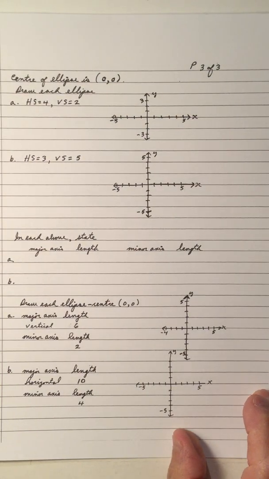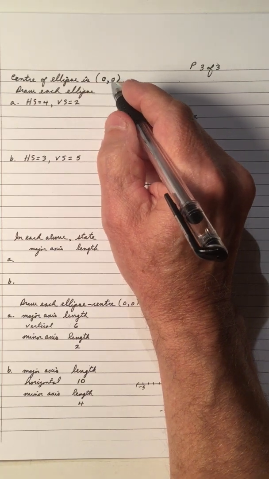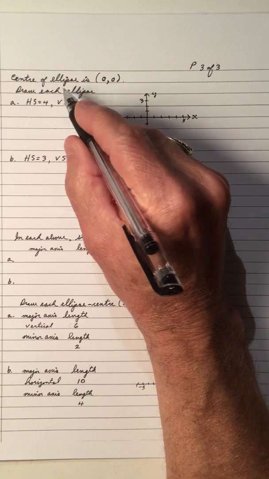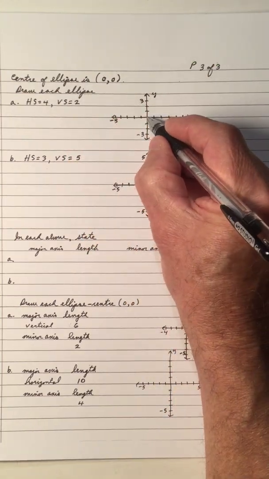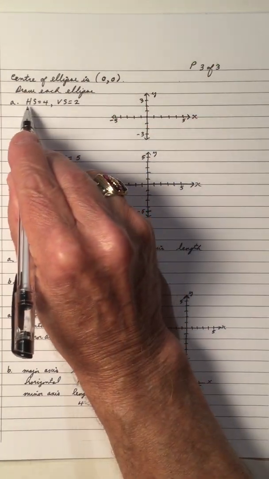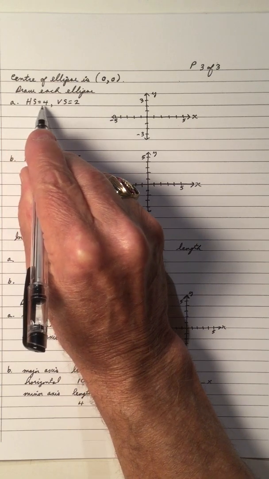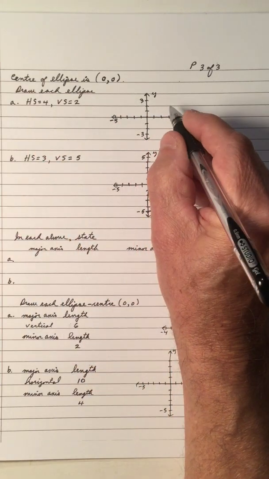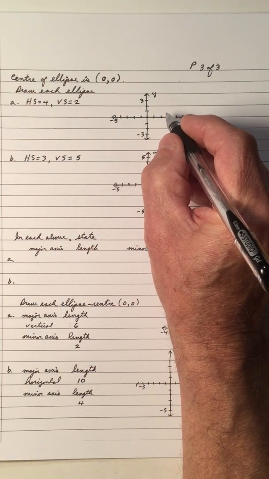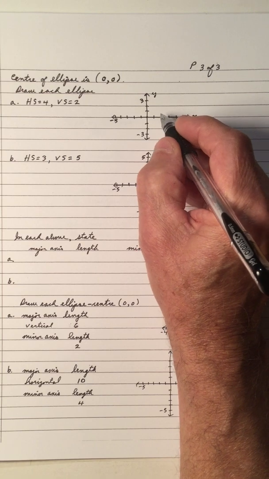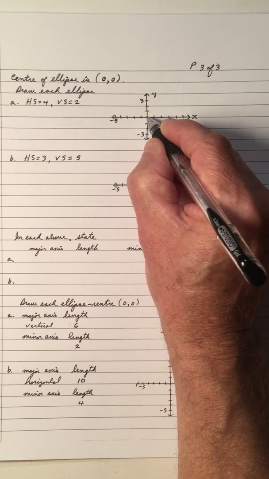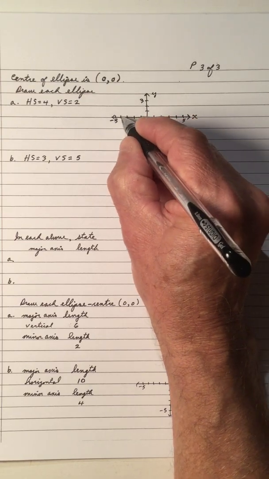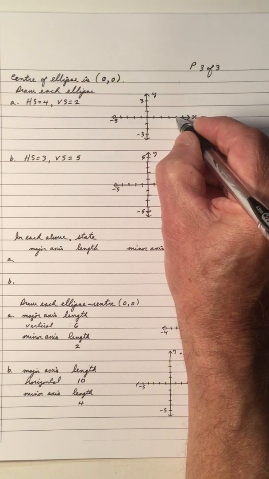Now, the center of the ellipse that we're going to deal with at the beginning is 0, 0. So we're going to draw this ellipse. If we have a center of 0, 0, which is right here, then the horizontal stretch is 4. That means from 0, 0, we go 4 right, and we go 4 left to there.